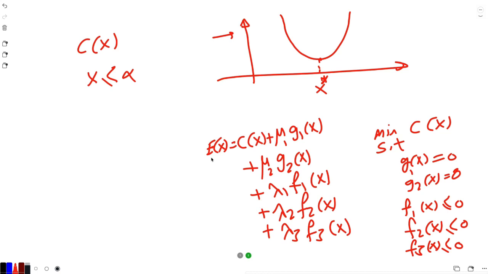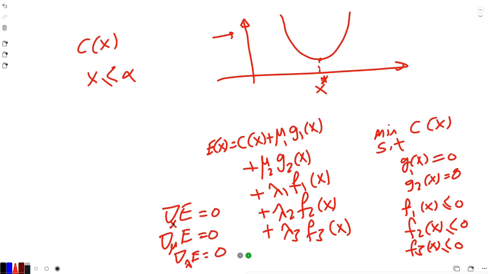Now we apply exactly the same as we did before for the unconstrained optimization. So the gradient of E with respect to x equal to 0, the gradient of E with respect to the multipliers mu1 and mu2 equal to 0, and the gradient with respect to lambda of E is equal to 0. So we differentiate this equation with respect to x, and of course here we have x vector.